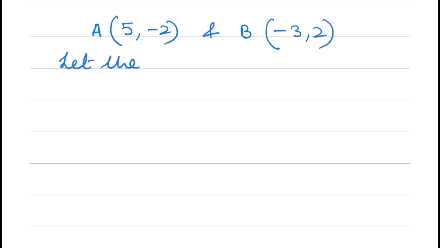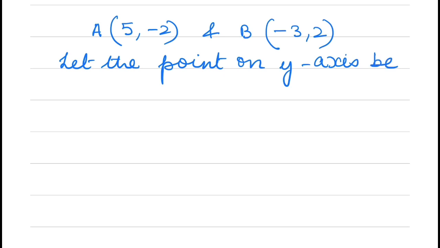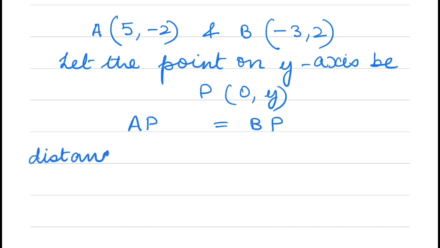Let the point on y-axis be, it is on y-axis, so x coordinate will be 0 and y. Let this point be P. We are given that this point is equidistant from A and B, so we can say AP is equal to BP.